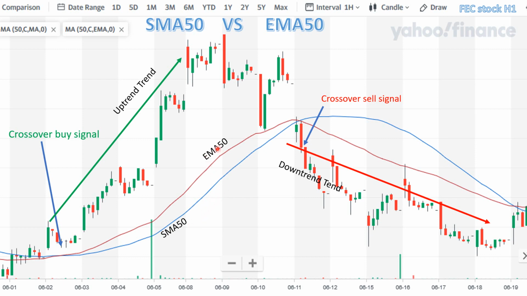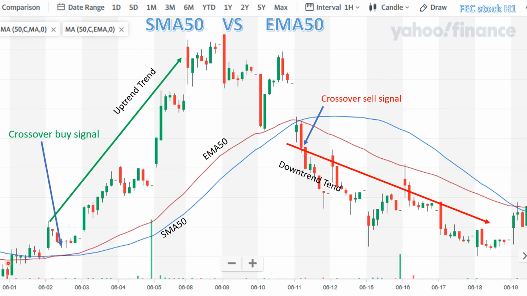Now, when EMA 50 is above SMA 50, then the trend is upward. When EMA 50 is below SMA 50, we have a downward trend. You see here is downward.